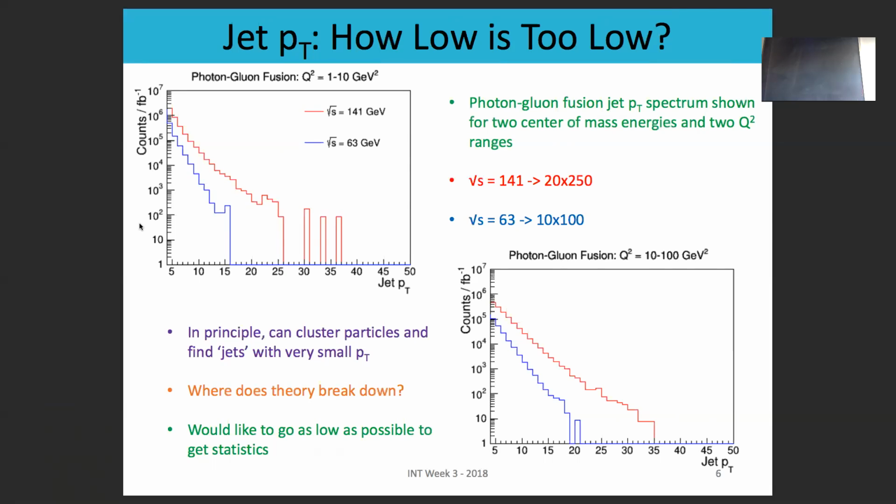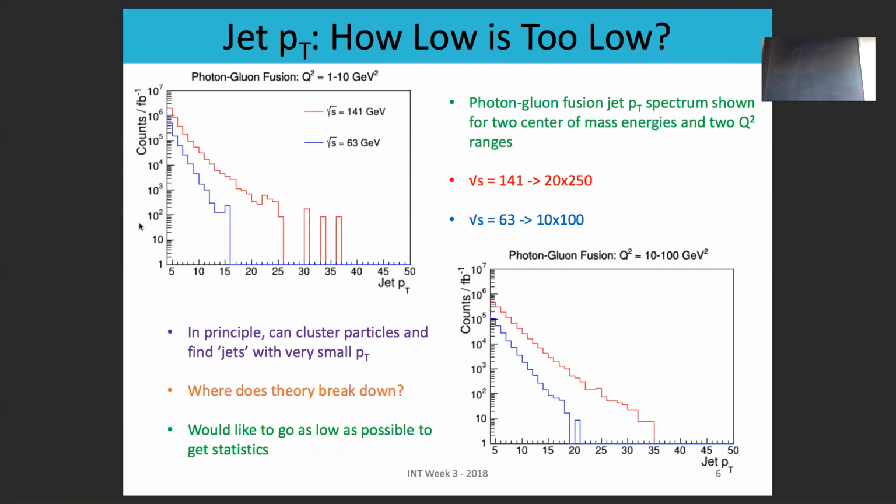As an experimentalist, I can look at my input, run a jet finder on it, and find an object to whatever low pT I want. The question is, how low can we go and still be useful? How low can we go and still have it under control theoretically?